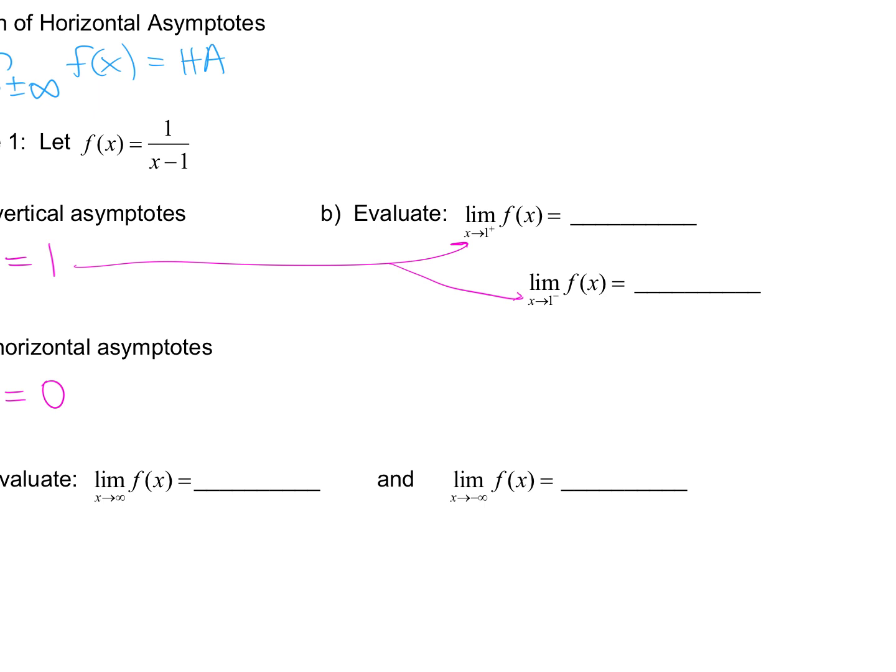Up or down? Up. Infinity. As we approach 1 from the left, which direction would our asymptote be taking us? Down. Negative infinity. And if I asked you the limit as x approaches 1, without asking either one of those, you would immediately say it doesn't exist because it's a vertical asymptote. If you know it's a vertical asymptote, you can answer those questions very, very easily.